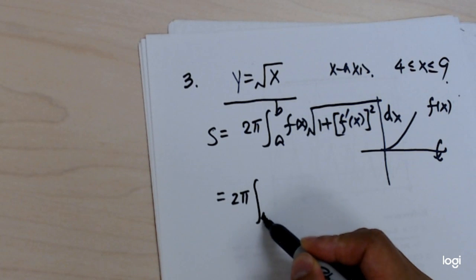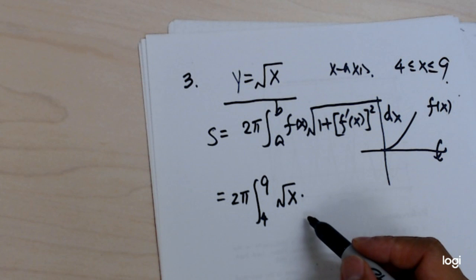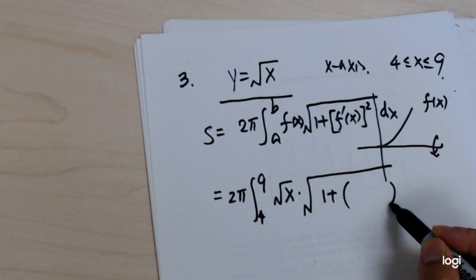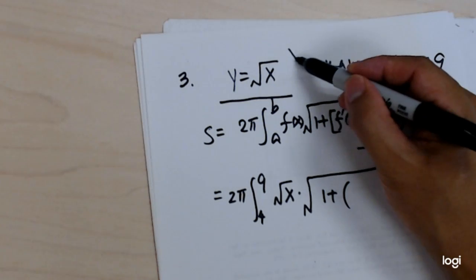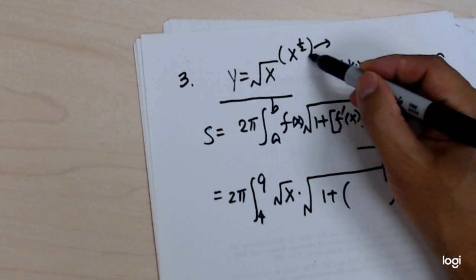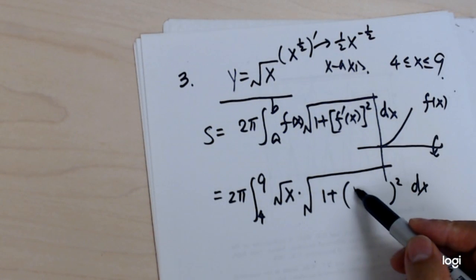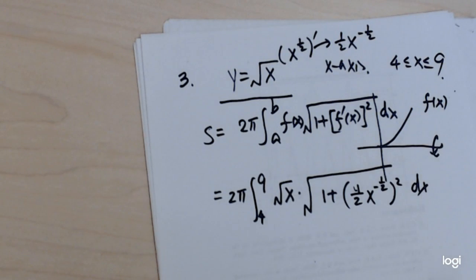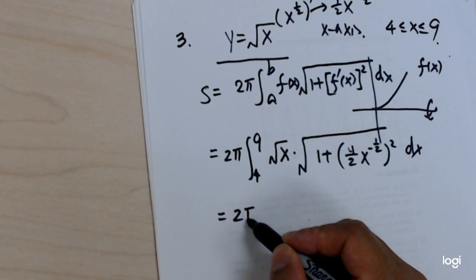Just plug that in. 1 plus the derivative squared. Okay, so this is x to the power of 1/2. You're going to differentiate it. Its derivative is 1/2 x to the power of -1/2. So write that down here, okay? 1/2 x to the power of -1/2. So your task is to try to integrate this one out.